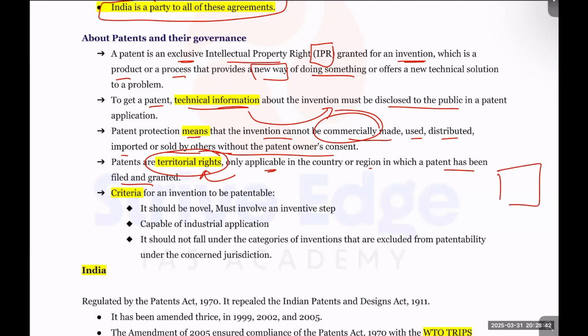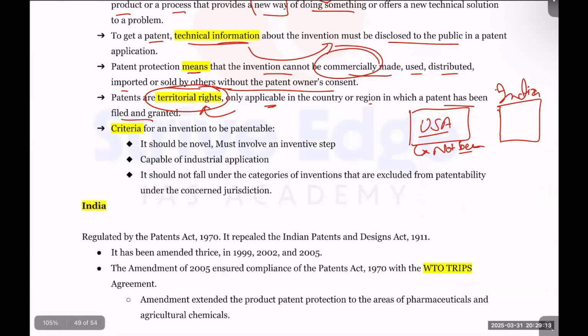So if a patent has been filed in India, then the patent holder cannot claim that this right should be protected in the USA also, for example, where this patent has not been filed. So while you are filing the patent in a single country or jurisdiction, only there can you claim the benefit of it. You cannot claim benefit outside that region. So it is defined by territory.